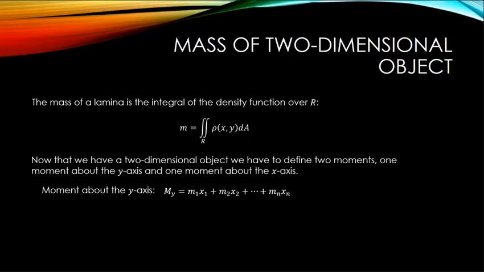Notice that this is the moment about the y-axis, which involves my x coordinates. My moment about the x-axis, specified capital M sub x, is equal to m sub 1 y sub 1 plus m sub 2 y sub 2, and so on up to m sub n y sub n.